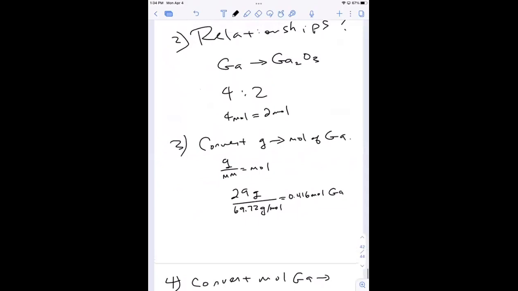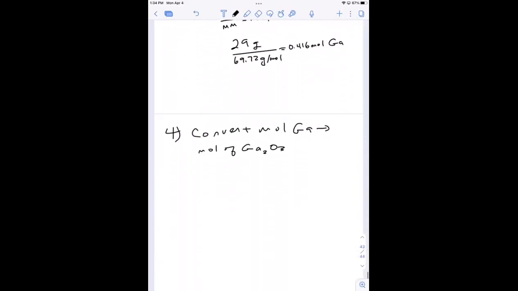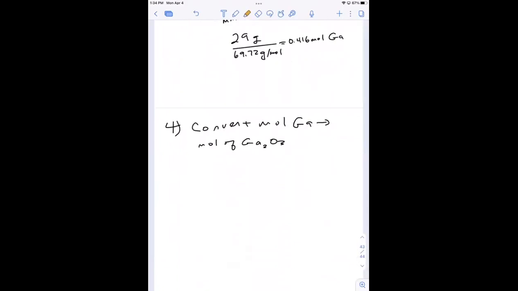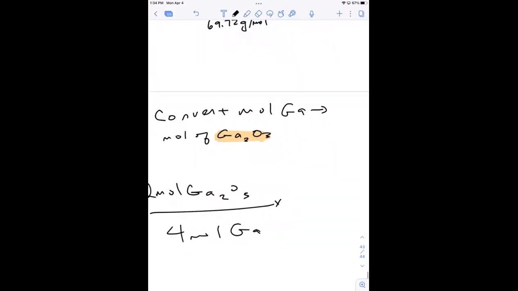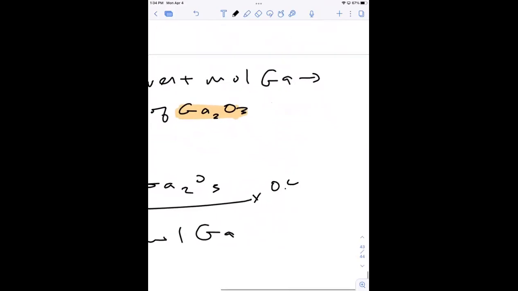So gallium is 4 moles, 2 moles of gallium oxide, but we want this, so that's what we're putting on top. So let's say 2 moles of gallium oxide divided by 4 moles of gallium metal times 0.416 moles of gallium metal.